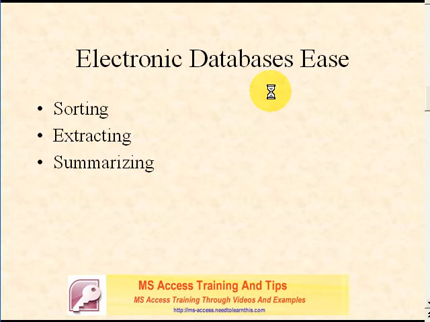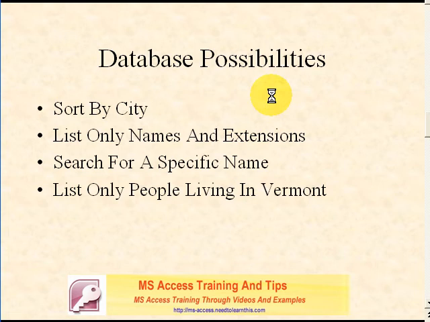Okay, with the relational database, ideal. So you can relate your tables around in Access. So sorting, extracting, and summarizing, these are some of the points of having your database management system like Access available to you. Some possibilities: you're looking at sorting by city.